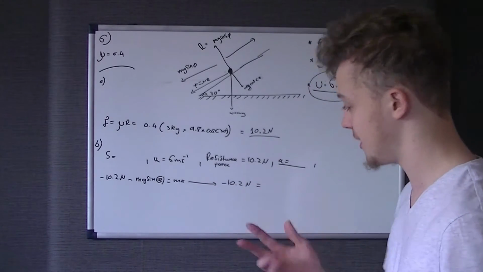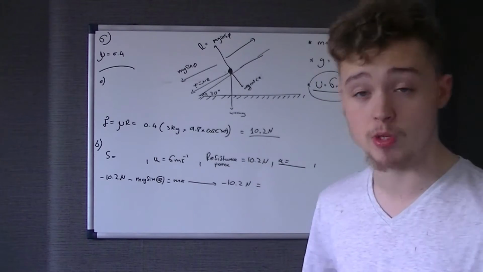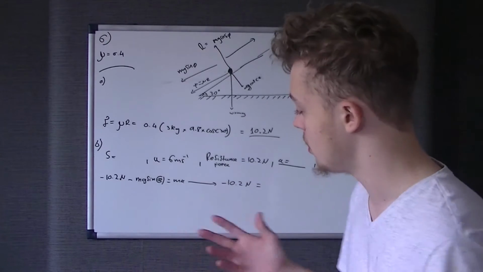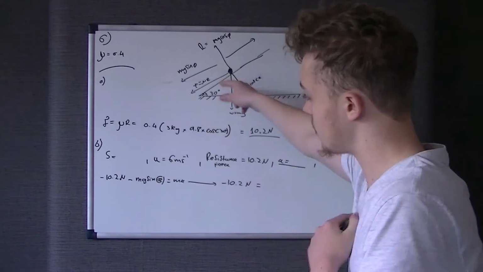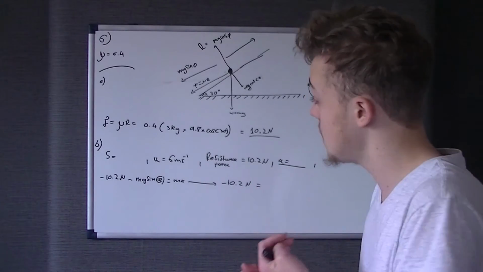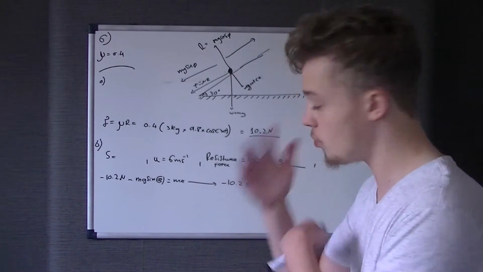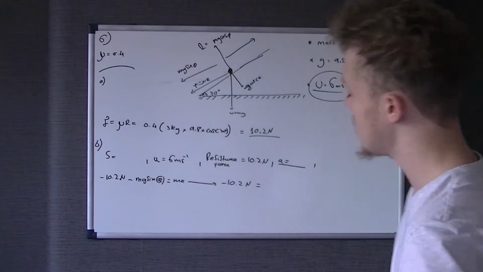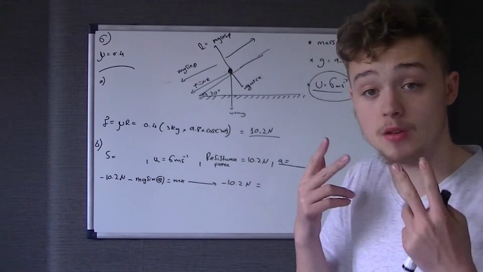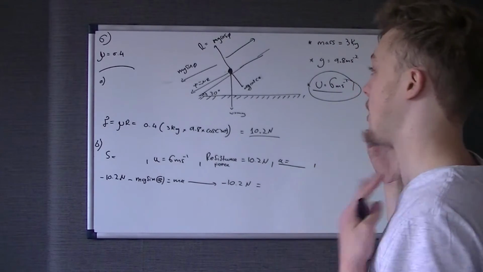There's no point doing mg sine theta take 10.2 newtons, because they're both acting in the same direction, so we wouldn't want to know the difference between them. We want a negative resultant force, because what we've got here is the force acting in the opposite direction to the motion.